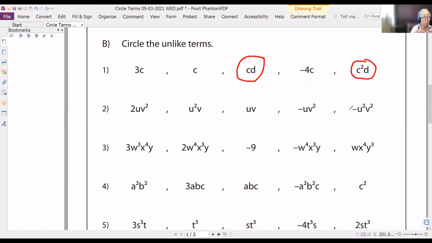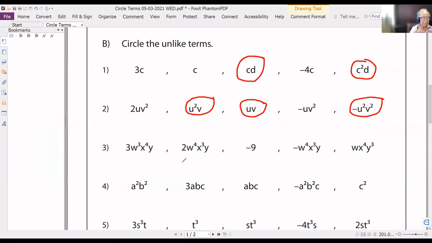You have U V squared, U V squared. Those are like, so what's left is unlike. These are the unlike.